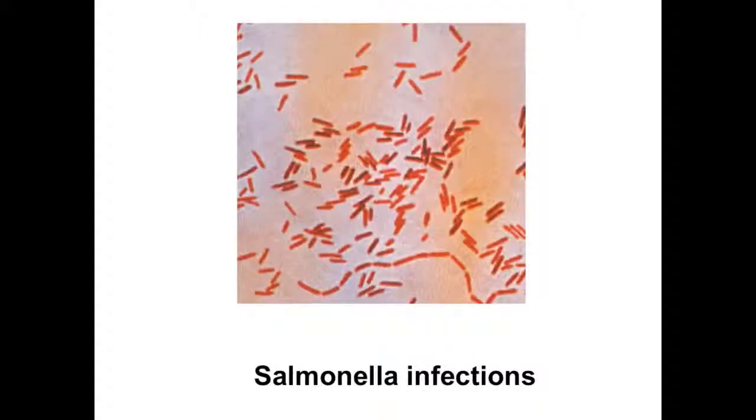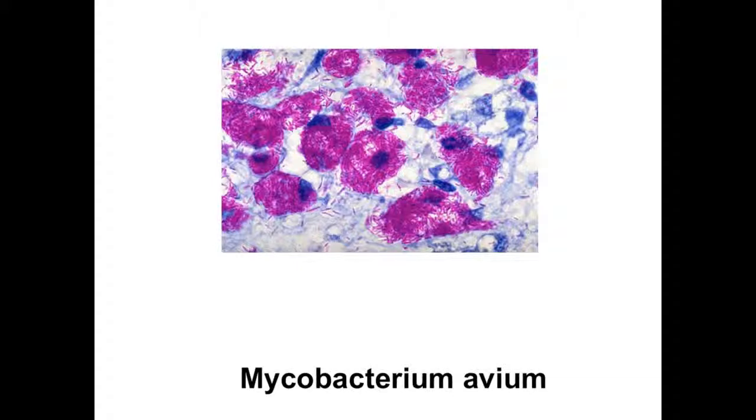Non-typhi salmonella infections, such as Salmonella typhimurium, are also common AIDS-defining conditions and present as fever, diarrhea, and weight loss. Non-tuberculous mycobacterium, such as Mycobacterium avium, occur in patients with very low CD4 cell counts. These patients present with fever and weight loss, and their organs include massive infiltration of mycobacteria, as shown here.